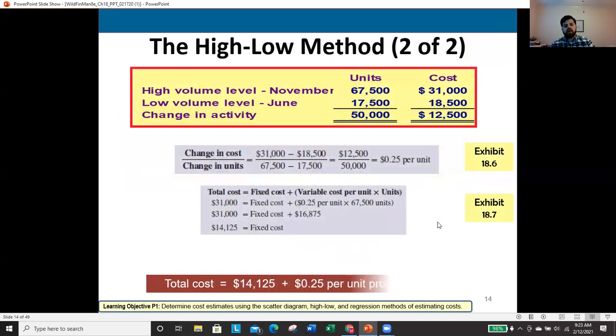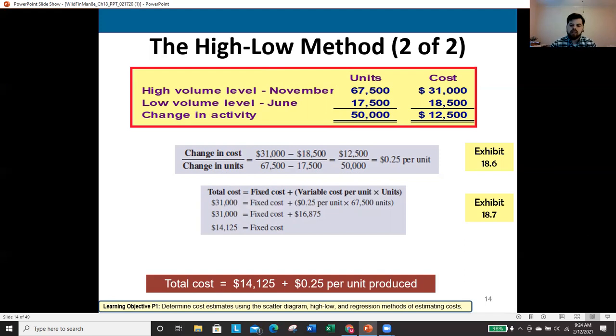So we're going to figure out our change in units and our change in cost. Just like anytime we calculate a slope, it will be change in y over change in x, so change in cost over change in volume. That $12,500 change divided by the 50,000 units tells me that each unit costs 25 cents under this method.